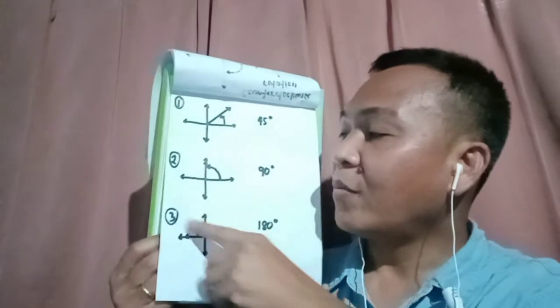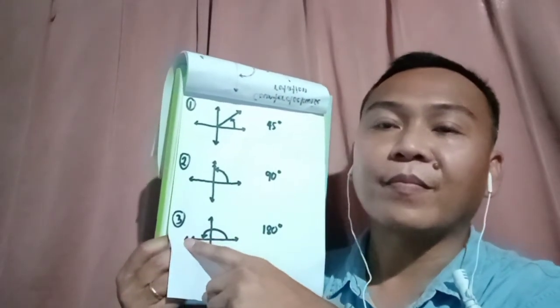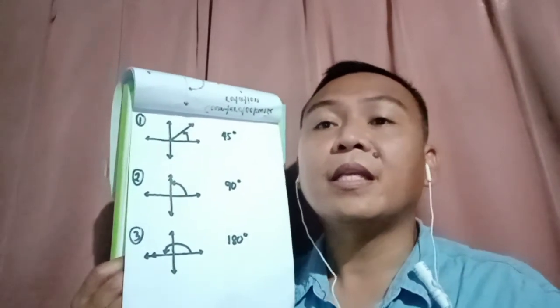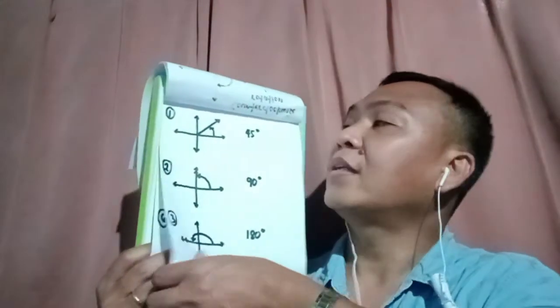Okay? How about number 3? Its terminal side lies at the x-axis. So either way, when the terminal side lies at either the x or y-axis, and its initial side is always at the positive x-axis, that is a quadrantal angle.